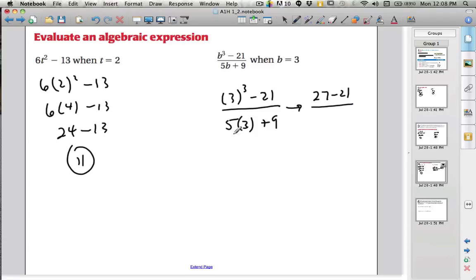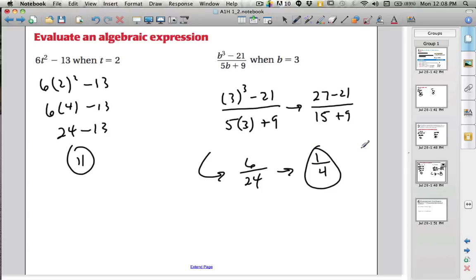And in the denominator, the first thing I'll do is the multiplication. 3 times 5 is 15. And when we move down here, 27 minus 21 is 6. 15 plus 9 is 24. And then the last thing I would do would be to simplify. 6 goes into 24 4 times, so 6 divided by 24 simplifies to be 1/4.